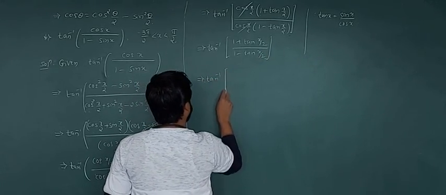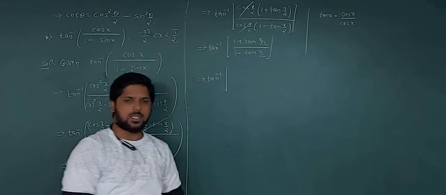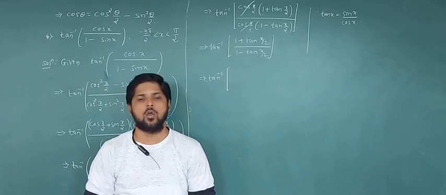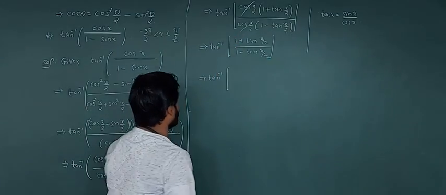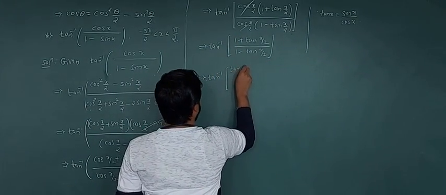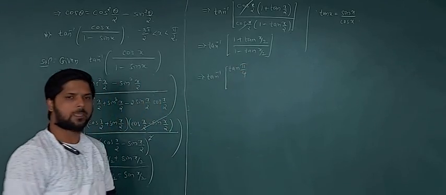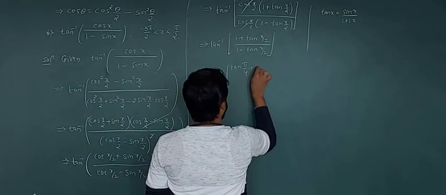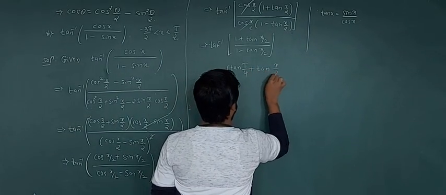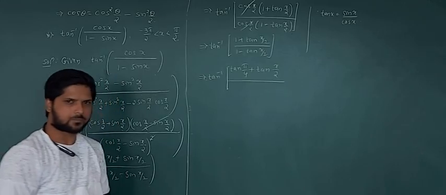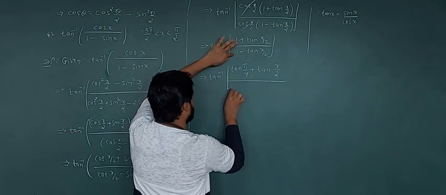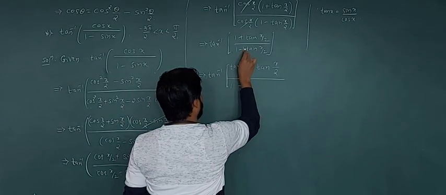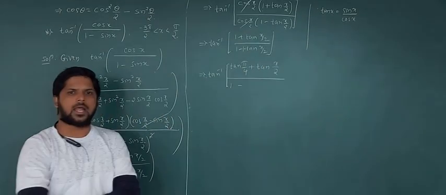Here this can also be written using tan of pi by 4. We know that tan pi by 4, or tan 45 degrees, is 1. So this 1 I am going to replace as tan pi by 4, in the numerator, 1 plus tan x by 2 as it is, divided by 1 minus, and we also know that 1 into tan x by 2 is again tan x by 2.